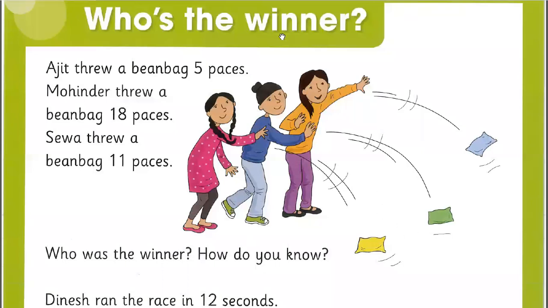So you can write here, Mohinder wins because he threw far away.